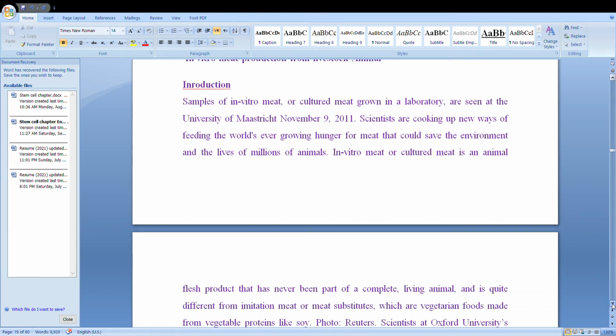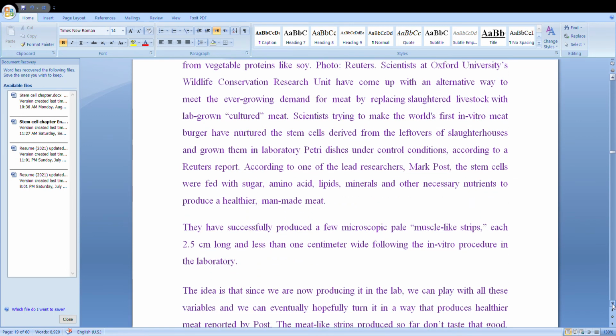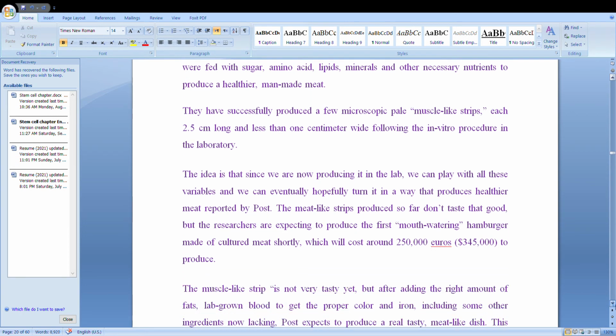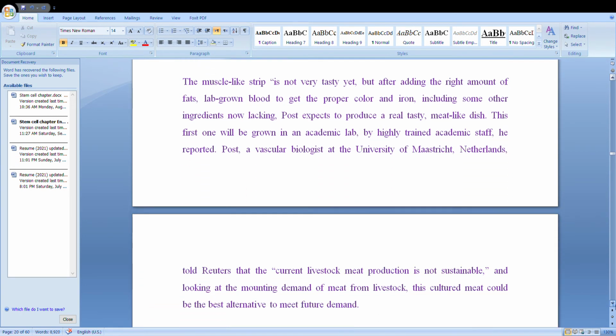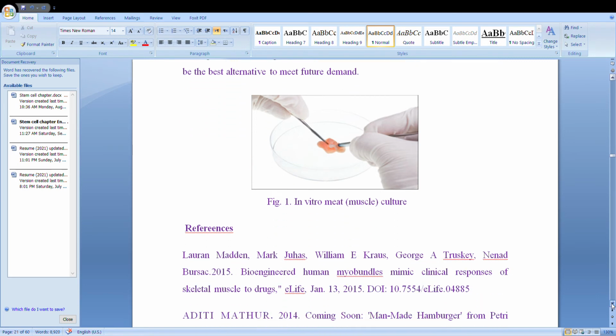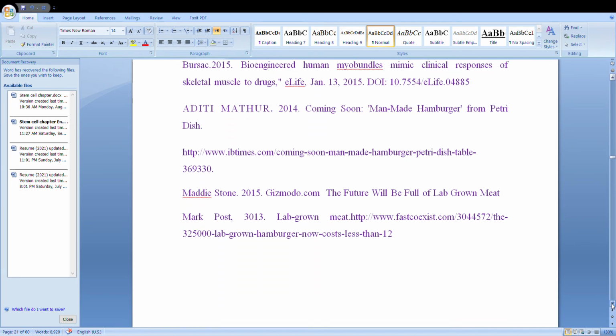Mark Post also did this work and he produced it, but it is still not cost effective. That's why it cannot yet be produced commercially. Most scientists are trying to produce it commercially. Also in vitro meat muscle production, in vitro meat in the laboratory. Some references we can see here.